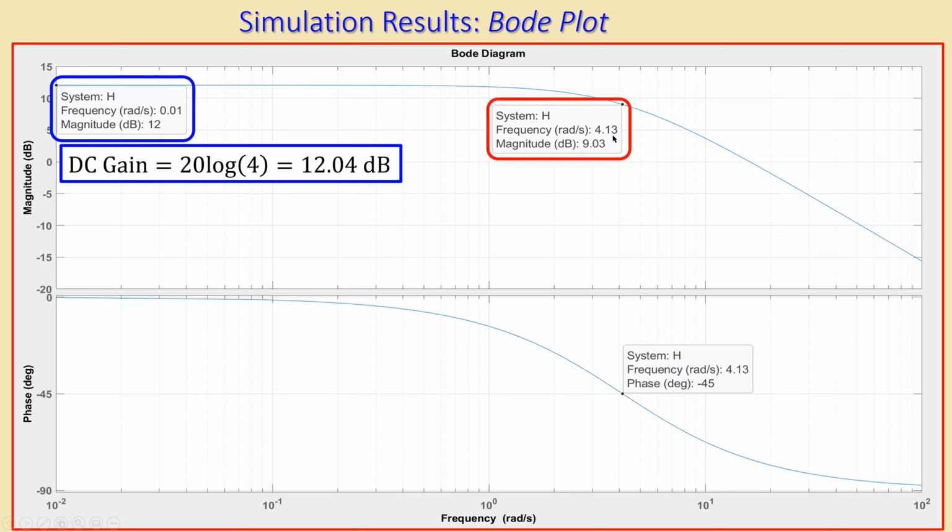That's what I had as my pole. So the pole of my first order system is directly also my cutoff frequency, or the bandwidth in this case, because it is a low pass filter.